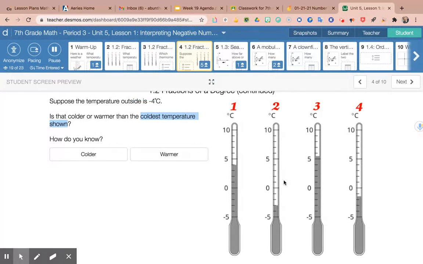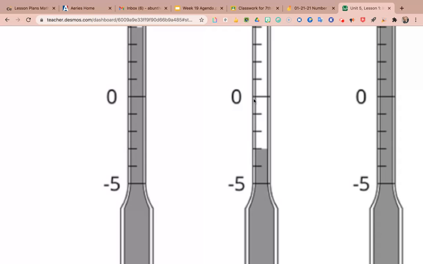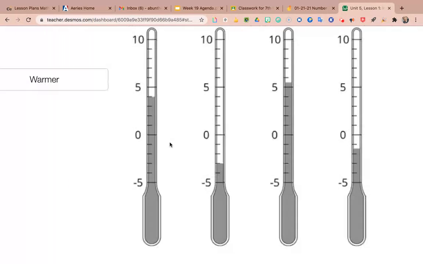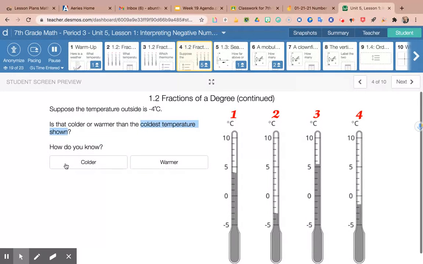And so negative 4 would be right here. So 1, 2, 3, 4. So this would be negative 4. And if this one's at negative 3, it means negative 4 is actually colder because it's lower. So it would actually be colder. A good observation to make is that the further down you go, the colder or smaller you are.